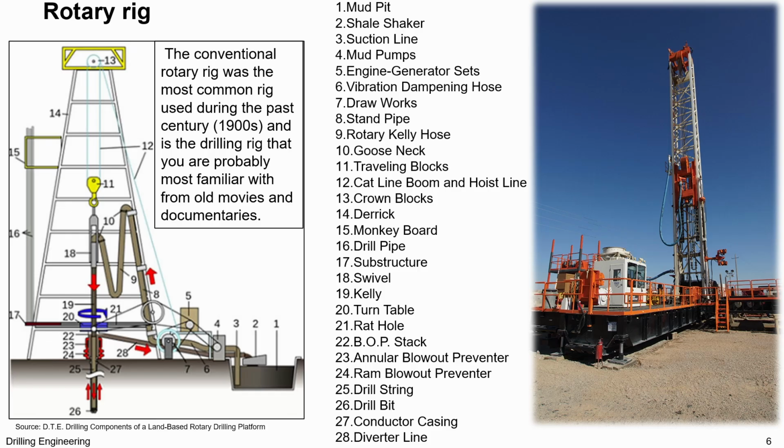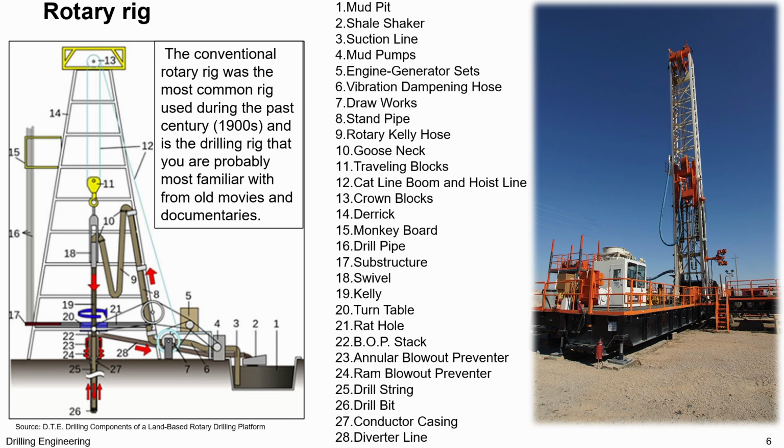The conventional rotary rig became the dominant drilling rig during much of the 20th century. It includes major components such as the mud pit, shale shaker, mud pumps, drawworks, crown block, traveling block, drill pipe, BOP stack, drill bit, and conductor casing.